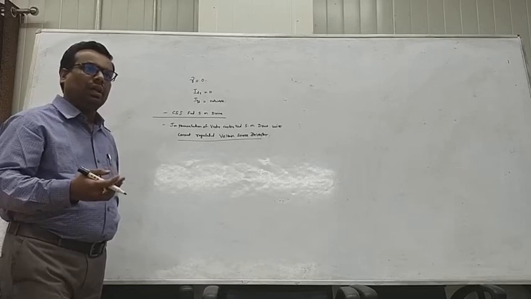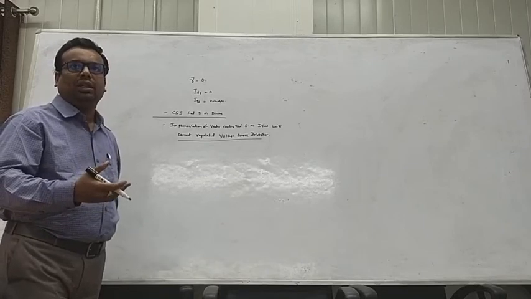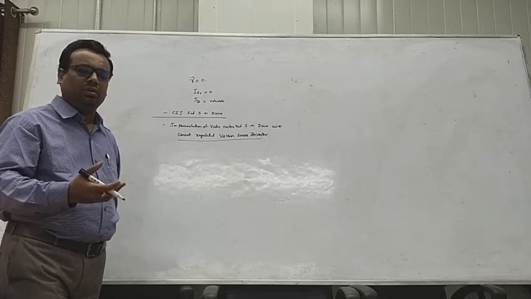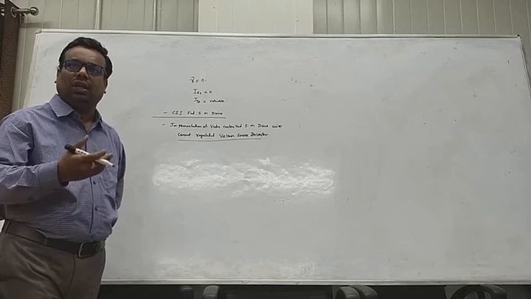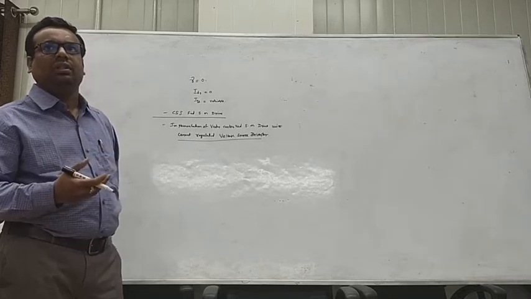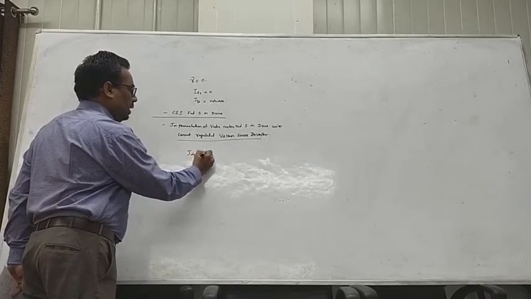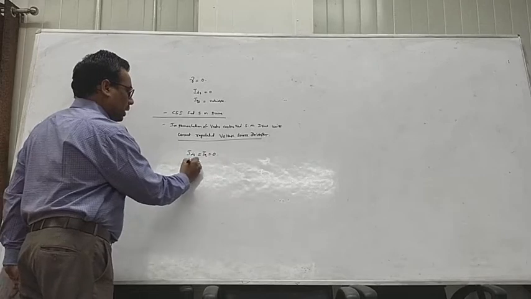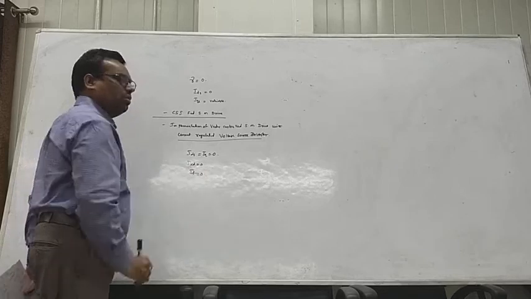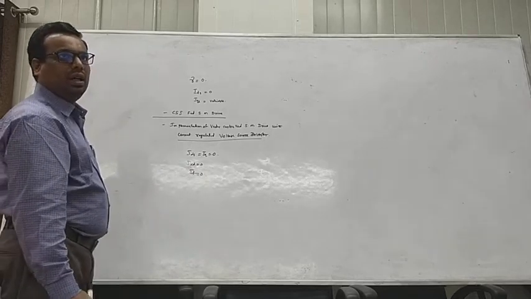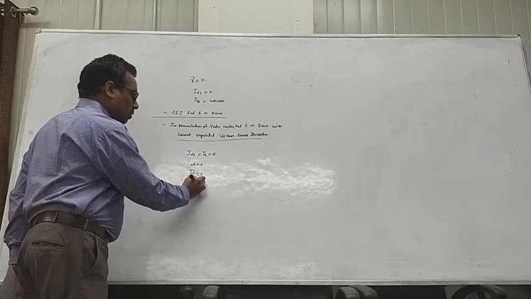After that came the steady state analysis of the synchronous motor drive, for which we need to take some assumptions: the derivative currents IQS and IDS are equal to 0, IKD is also 0, the field current IF is constant, and the speeds are constant, that is omega r is equal to omega e.